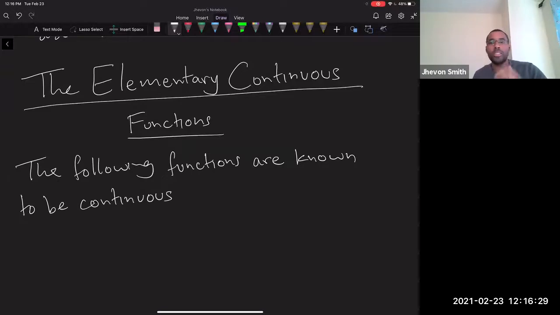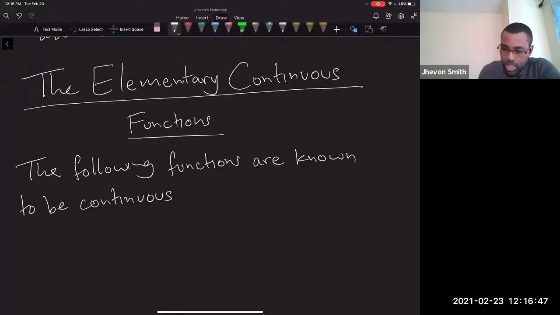For us, the functions I'm about to tell you about are a known fact. If you invoke the fact that these are continuous, you don't have to prove it to me. We'll both take it as known.